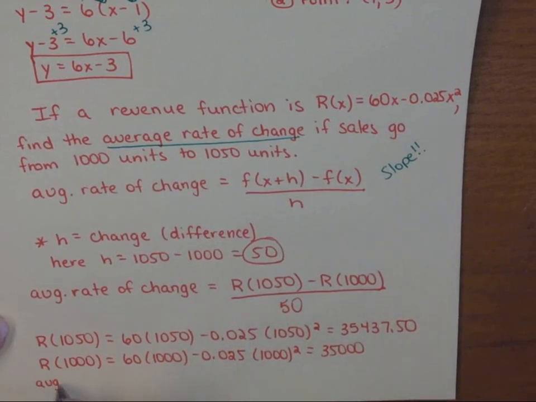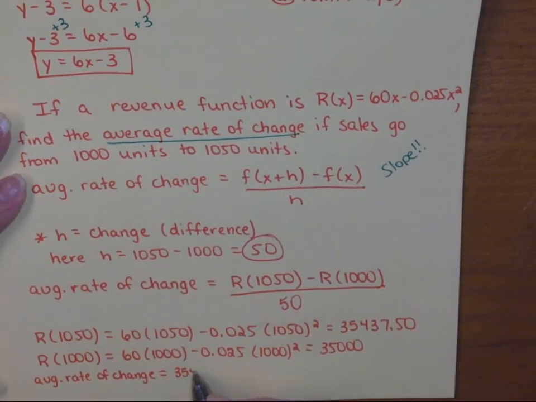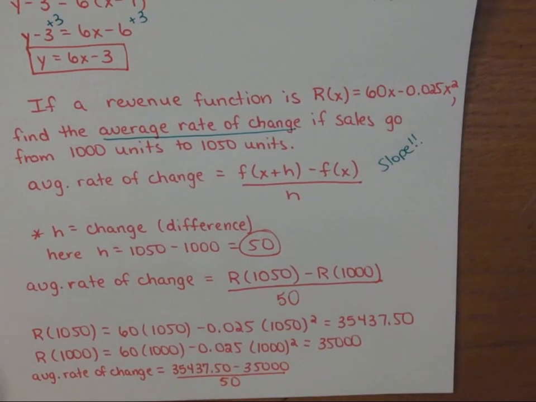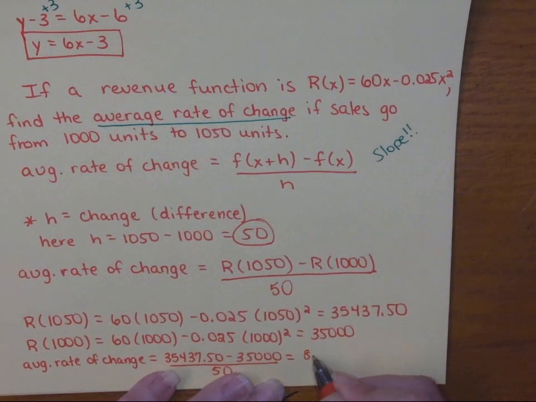So if I want the average rate of change, and I do, now I just need to plug these values in. Here's my formula, right? So I take the $35,437.50 minus 35,000, and I divide that difference by 50. If you punch this in your calculator, you're going to get 8.75.